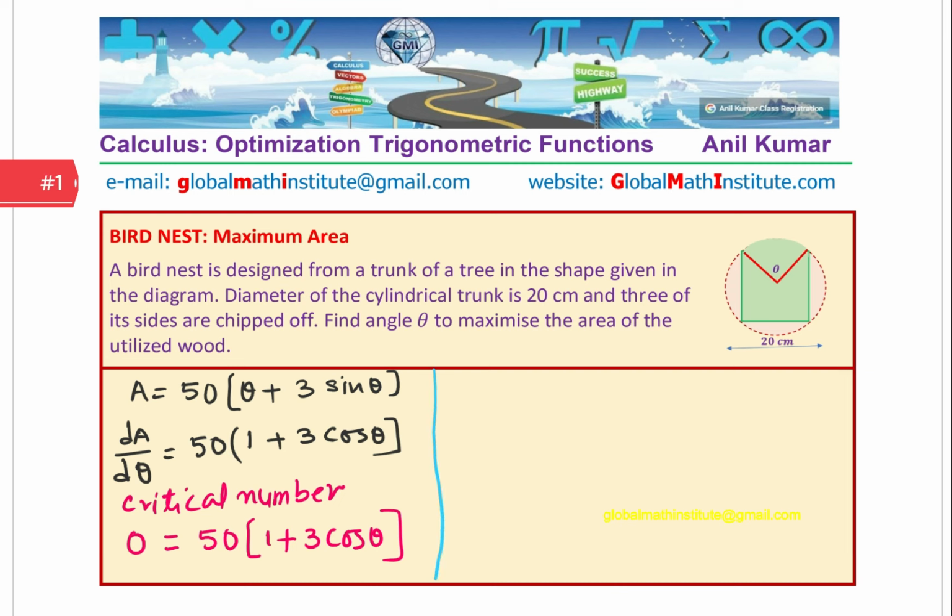So let's solve for the factor 1 plus 3 cos theta and see when we can maximize the area. That means 1 plus 3 cos theta equals 0, or 3 cos theta equals minus 1, cos theta equals minus 1 over 3.